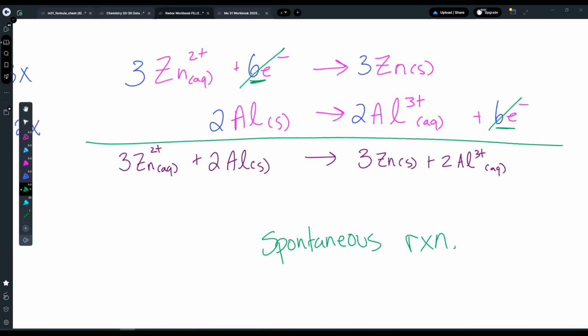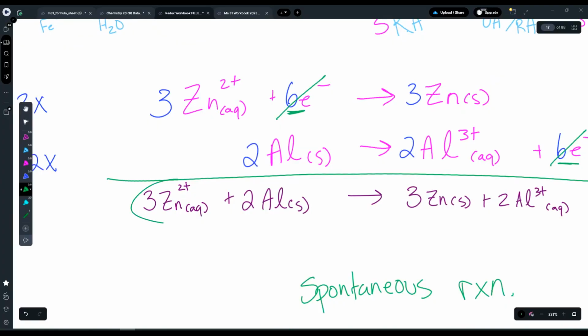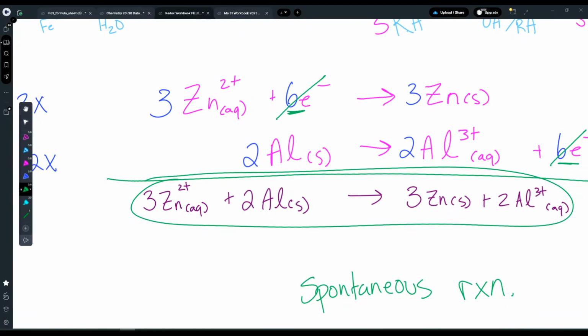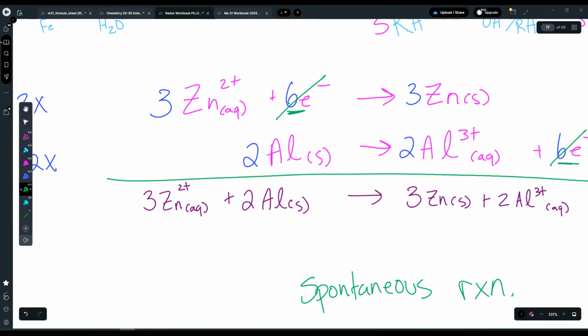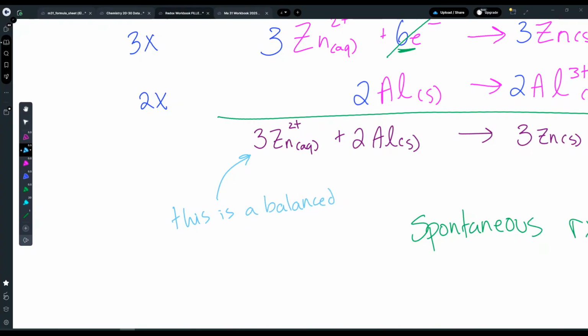Okay. Now, when a question asks you for a net ionic equation, they're talking about this part right here. So this is a balanced net ionic equation, which I'm going to abbreviate equation to EQT.